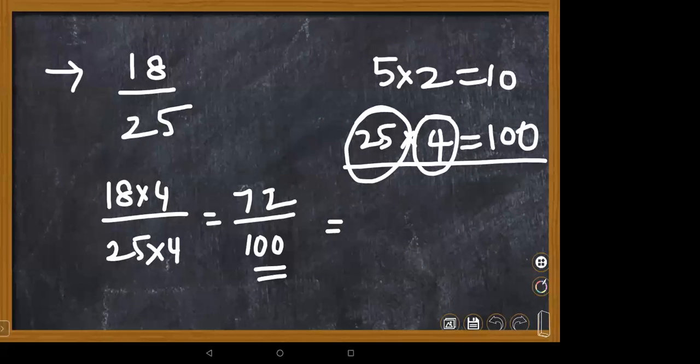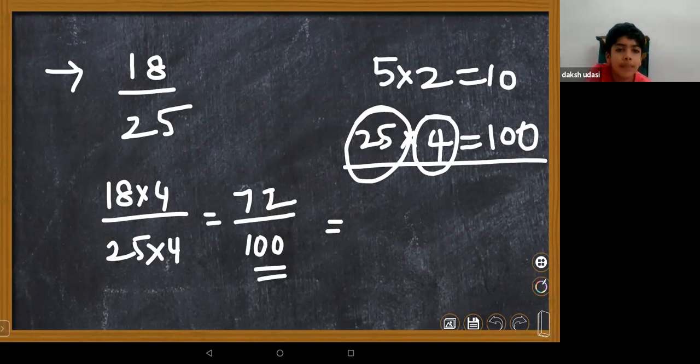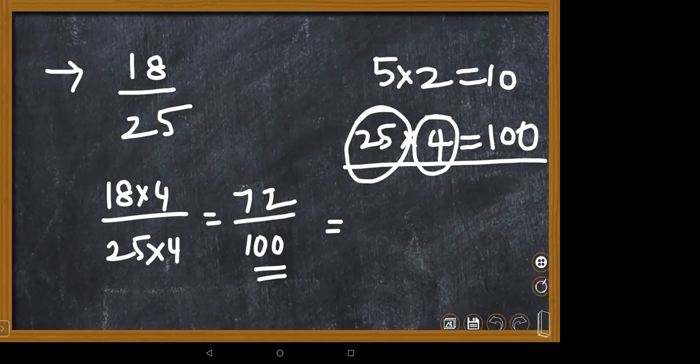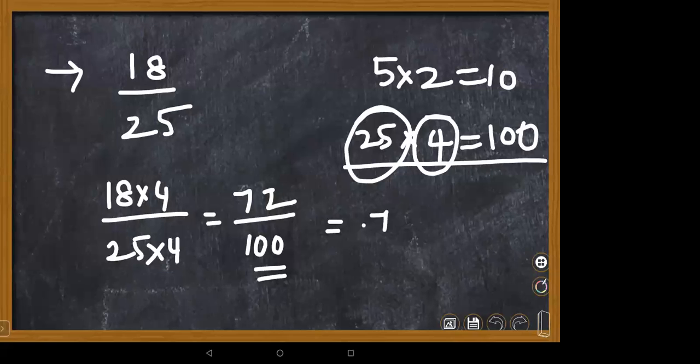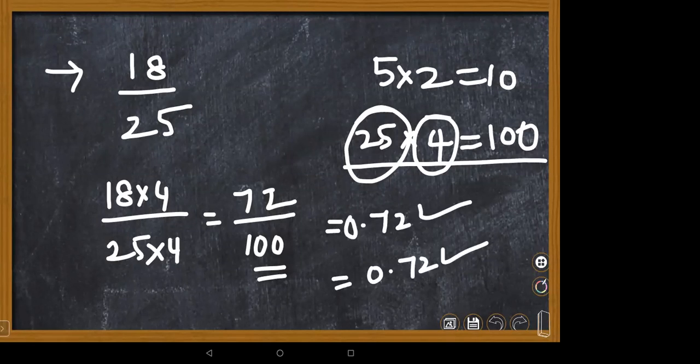Drona, what is the decimal number for 72 by 100? 0.72. Very good. 0.72 and .72 are both correct. We can write it in any way, children. No number means it's 0. Both are correct.